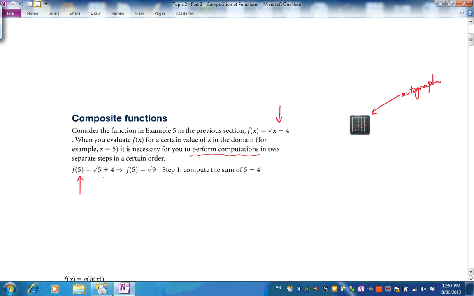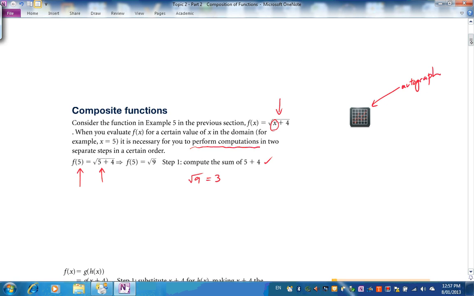First of all, you've got to put 5 in the position of x in the function and add 4, you get the answer 9, and then you've got to find the square root of that. So that's the first step, and then you find the square root of 9, which is 3. So there are actually two distinct steps in finding the value of f of 5, because that function f of x is said to be a composite function composed of two parts.